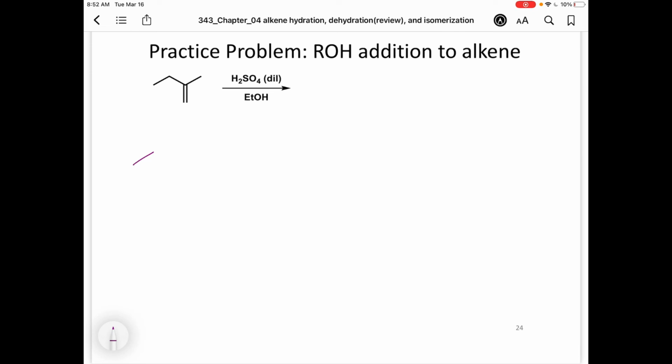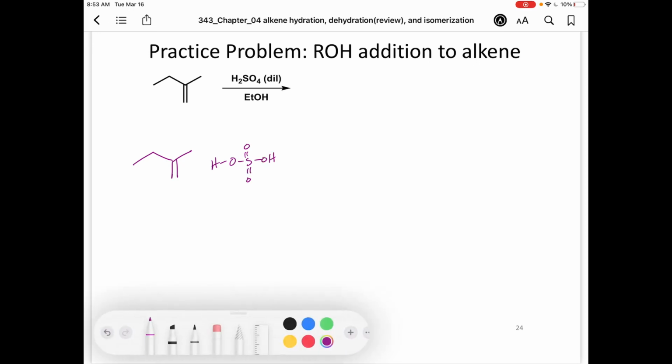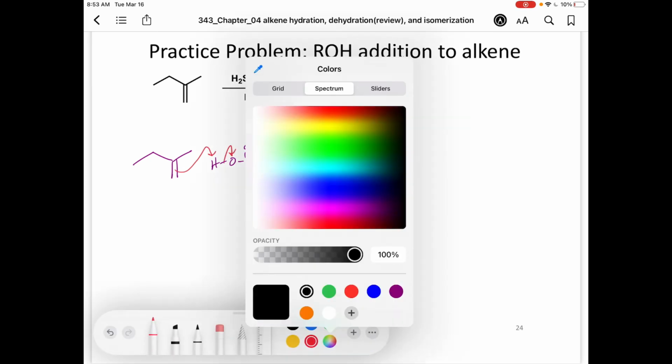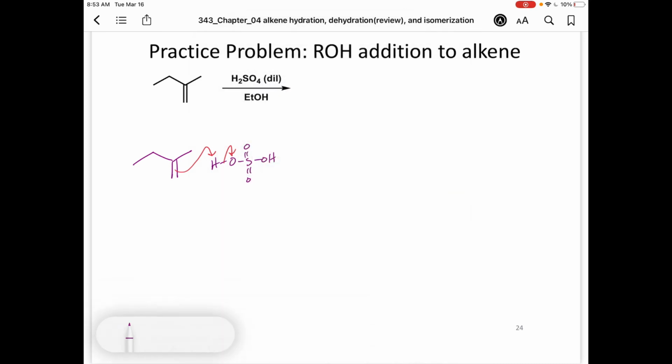All right, so I have an alkene, and I know that it reacts with acid. So I'm going to just draw this out. One of the keys with organic chemistry is you sometimes don't know what the product will be until you start drawing the mechanism. This is going to give you clues about where to go. And it's all because you've built up your intuition by learning the fundamentals here.